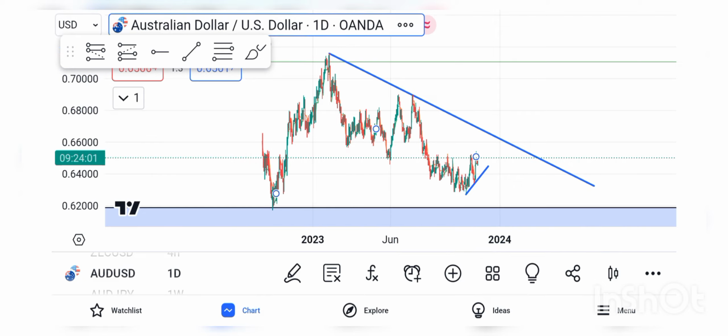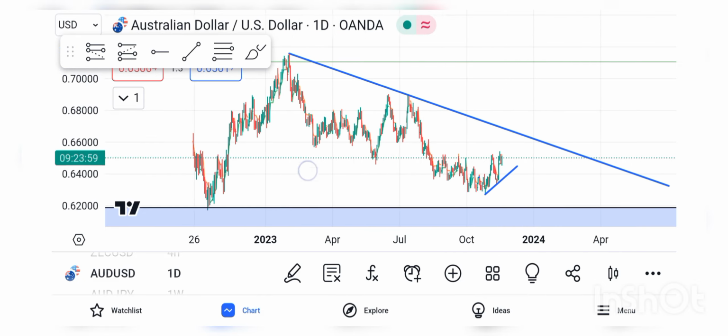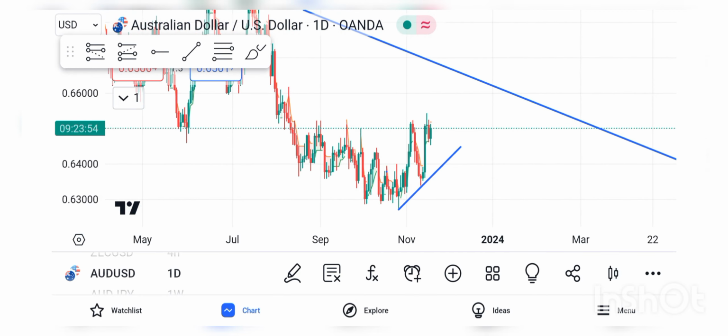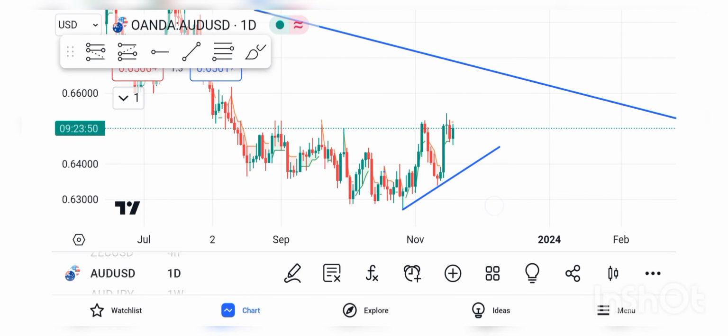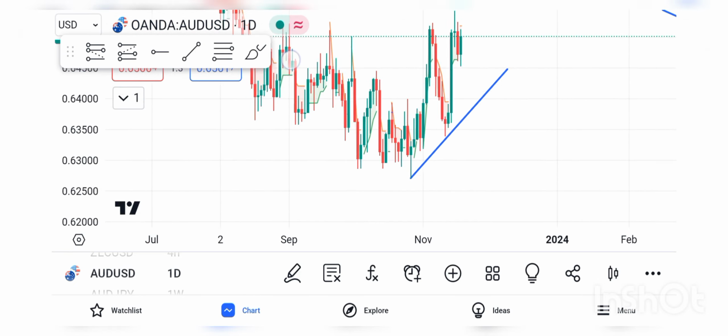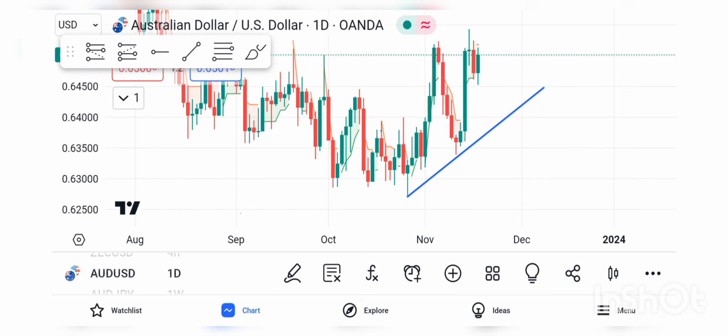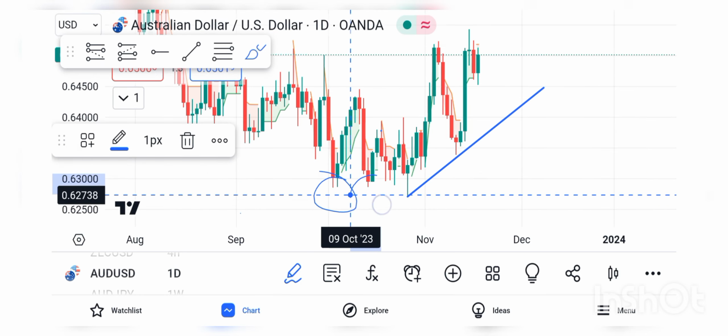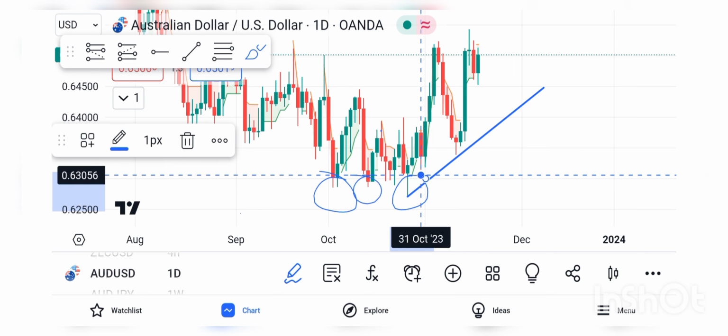But what more can we see on the daily chart? We can see some sort of minor. Firstly, we notice the triple bottom setup right here, 1, 2, and 3.